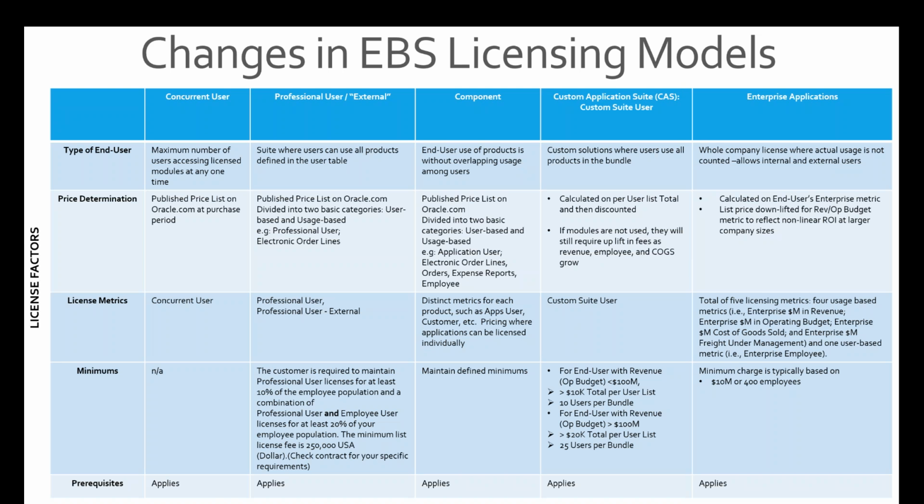So if a user has access to one or any of these modules, they're simply counted as one usage. It was really good for customers to have that capability, so they could get broader depth and usage across the e-business suite, and not have to license each module or capability independently.